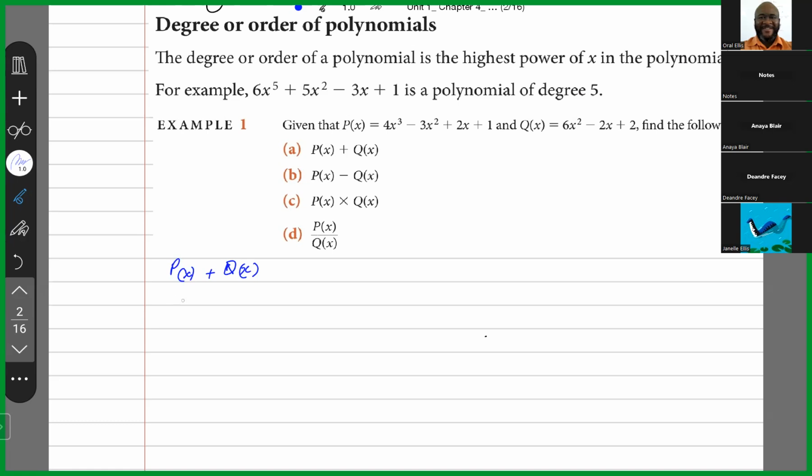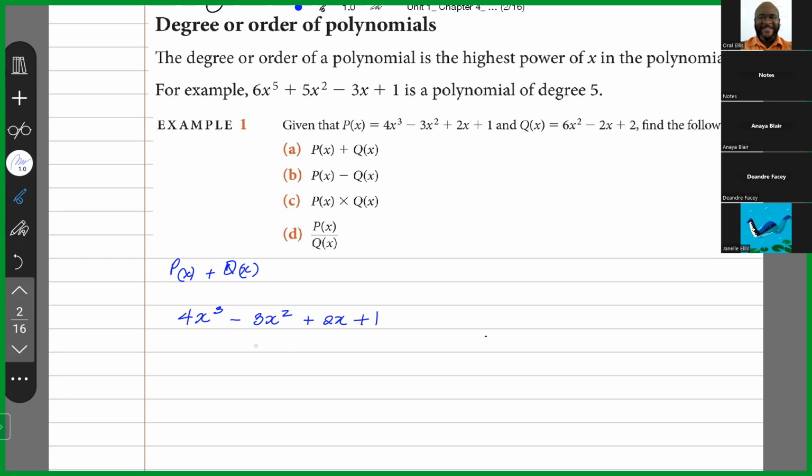Or you could do it like this. P of x is 4x cubed minus 3x squared plus 2x plus 1, plus q of x.